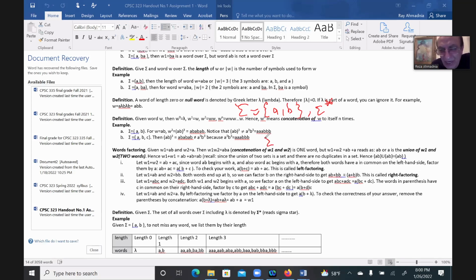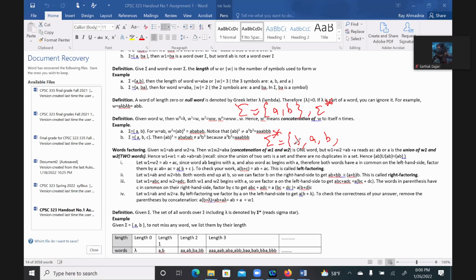So as soon as you want to write sigma star, the first word is lambda. I don't want to miss any word, so we list the words based on their length. This is a word of length 0. How many words of length 1 do we have? Either A or B.